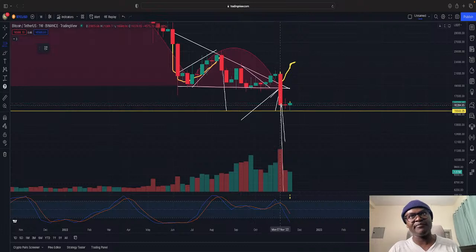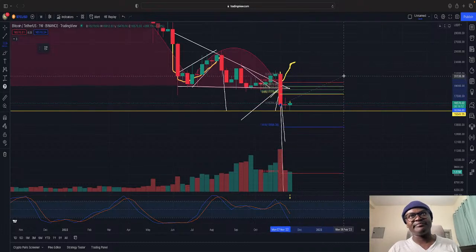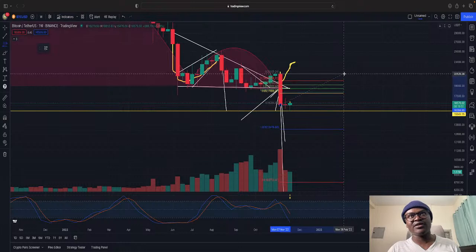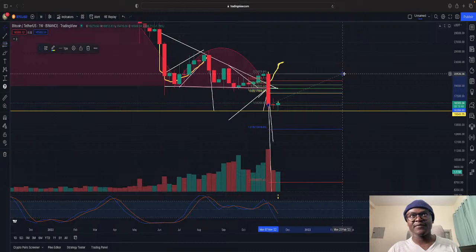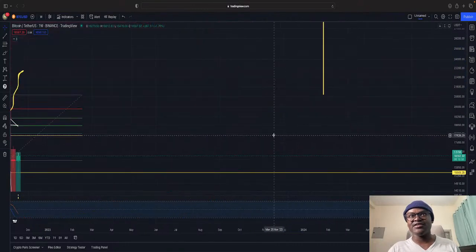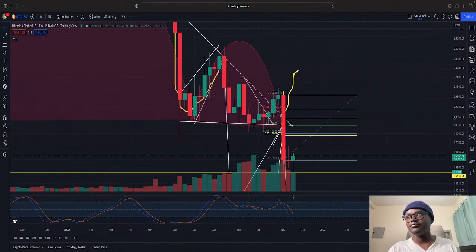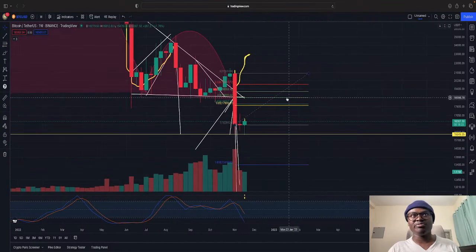I think that it will come here sometime. Now, 50% will be the 0.5 Fibonacci. That will be the 50% retracement level here, this will be the 50%.